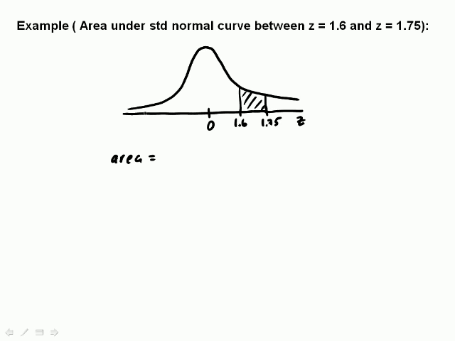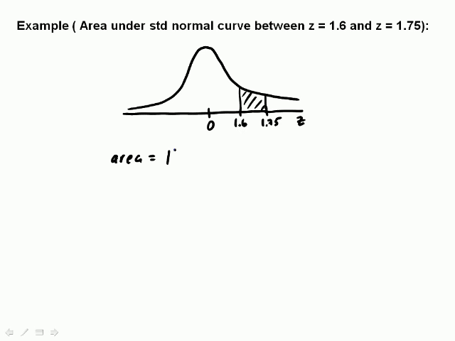So this time what I'm going to do is look up the area from the left-hand side all the way up to the upper z-value here, the 1.75. And then I'm going to subtract off the area from the left-hand side all the way up to the second z-value, this one that's at 1.6.